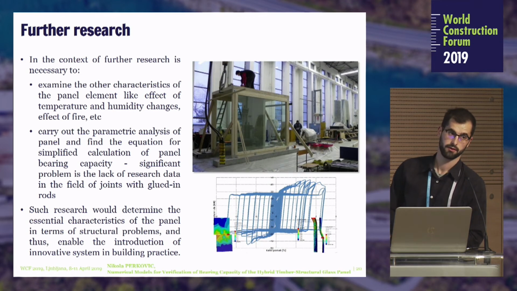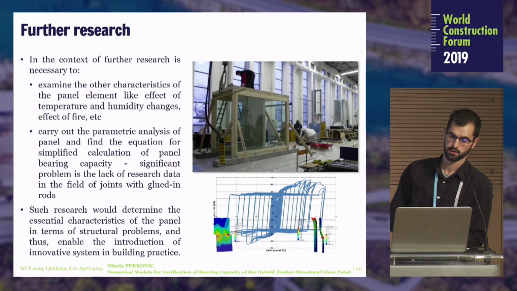These are the first few steps, and what we are trying to do is make this model, which is, let's say, a local model. We need to do the global model with the real object, and to examine other characteristics of the panel, like the effect of temperature and humidity change, or fire, and so on.